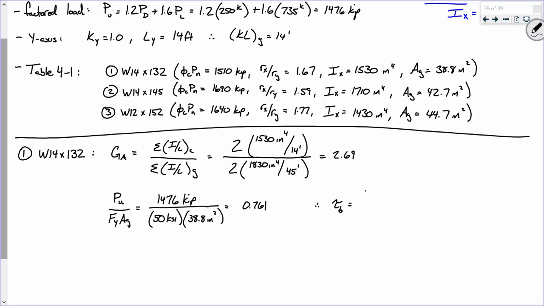Tau is 4 Pu over FyAg times 1 minus Pu over FyAg, which is just 4 times this fraction, which is 0.761 times 1 minus 0.761.